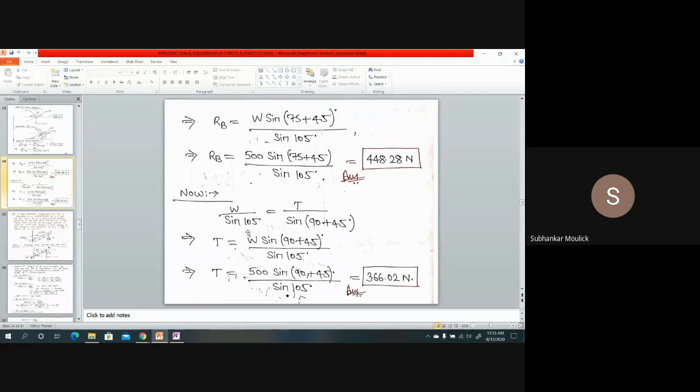So T will be W into sine of 90 plus 45 divided by sine of 105 degrees. If I solve this expression, I will get the value of T equal to 366.02 Newton. And this is what we need to find out in this problem.